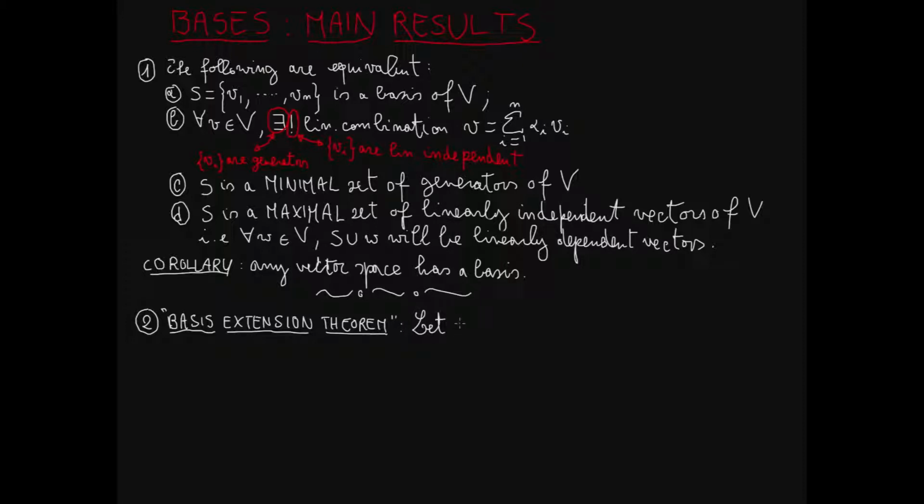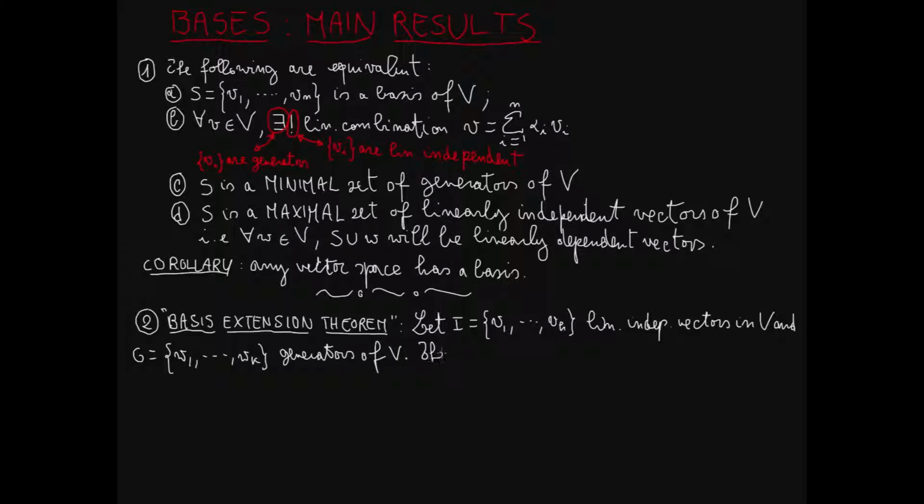So let I, so we introduce the notation for the vectors in I, there will be v1 through vh linearly independent vectors in a vector space V, and let G, w1 through wk, be generators of V.